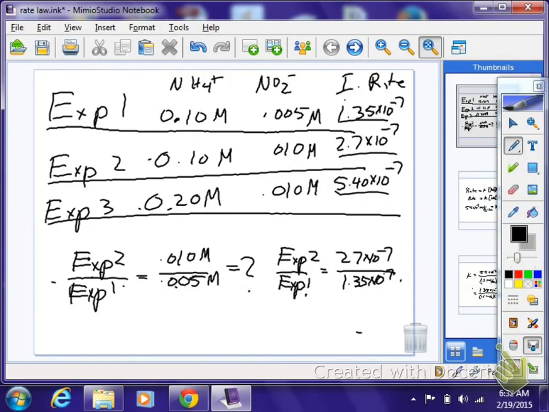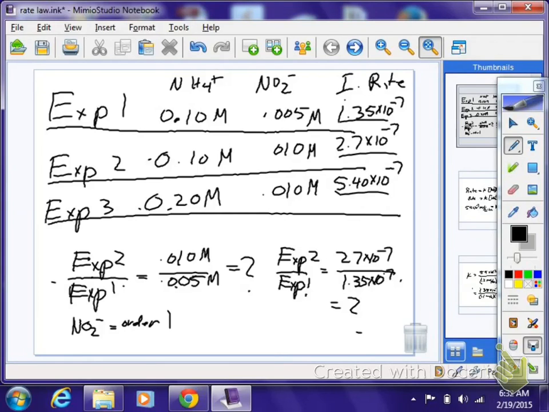When we do that, we also get a value of 2 out. So that's an order of 1. I'll write that down here: NO2 minus, order 1. So it's order of 1. That will go in our value for n in our rate law. We'll go ahead and do that later.